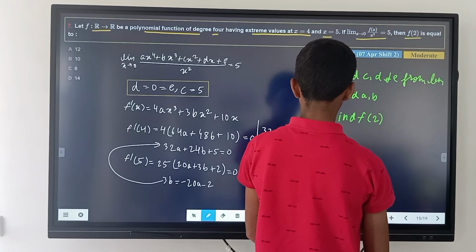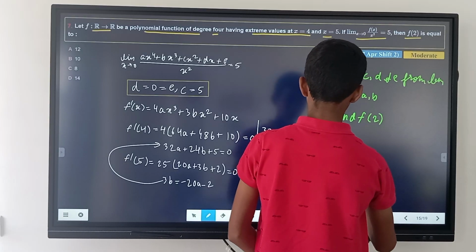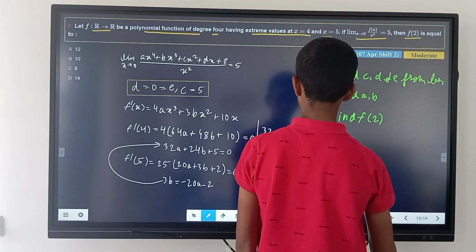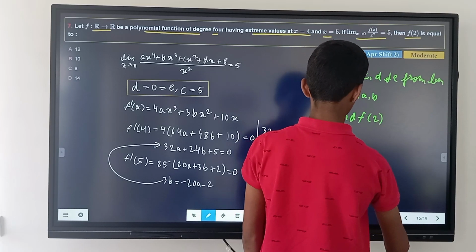So from here we will get a equal to minus 11 upon 128.